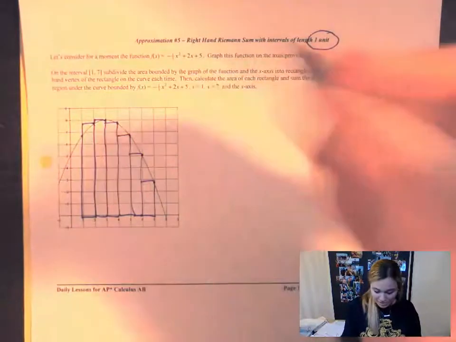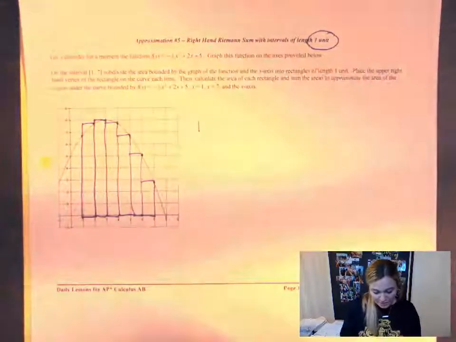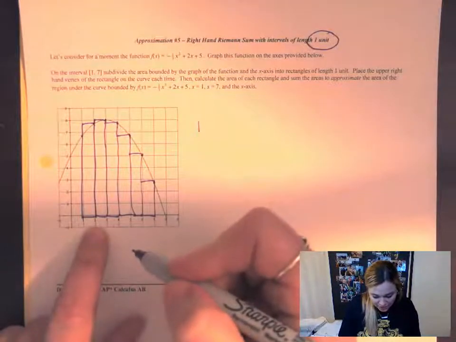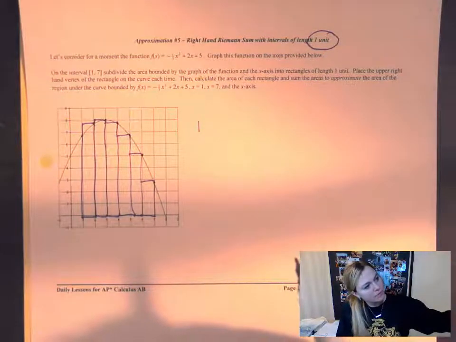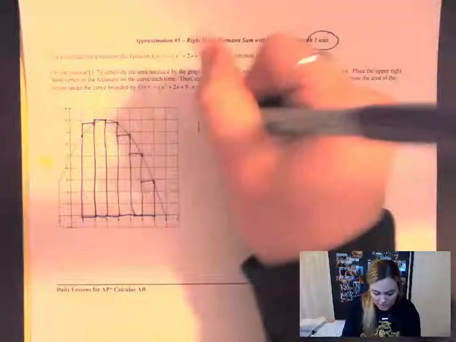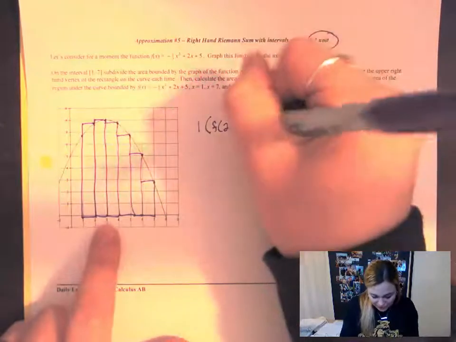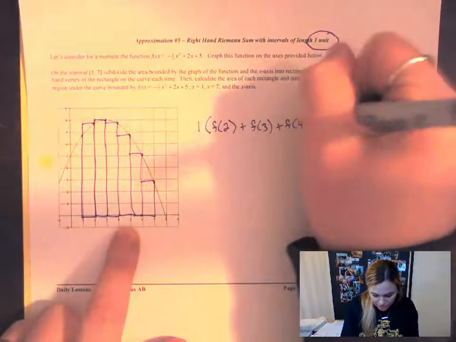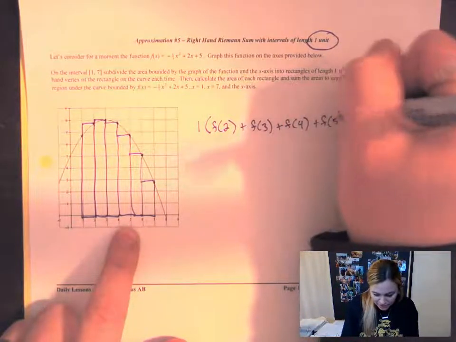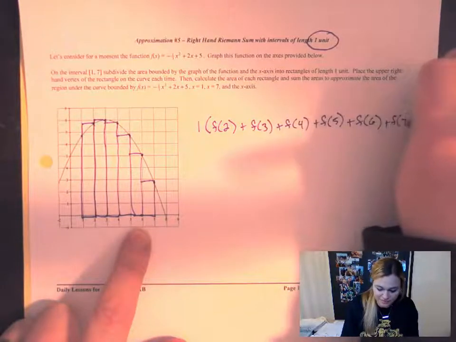And this one, these are all 1 unit, so it'd be 1 times, the first thing that I'm starting at in this one would be f of 2. Make sure. Oh yeah, the last one was f of 3. So this one would be f of 2, 1 times f of 3, f of 4, f of 5, f of 6, and the whole way over to f of 7.